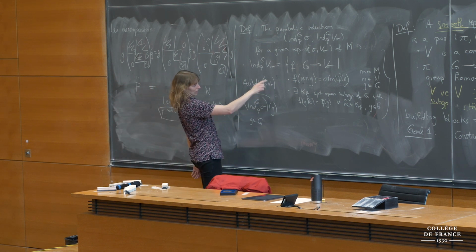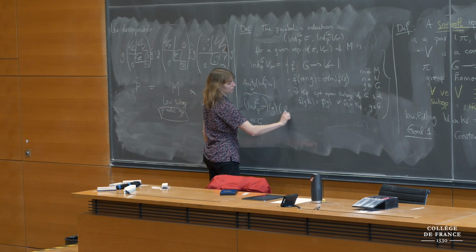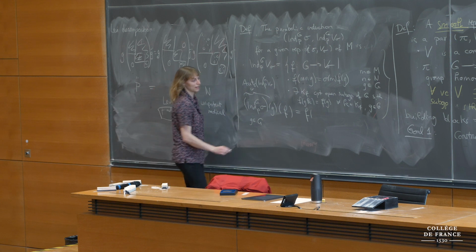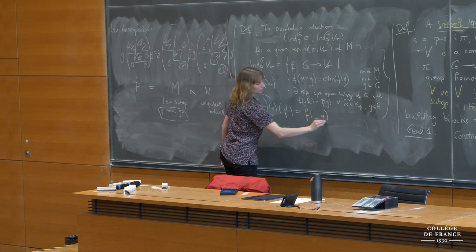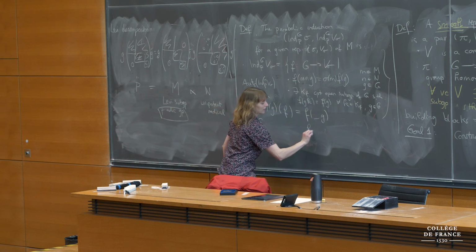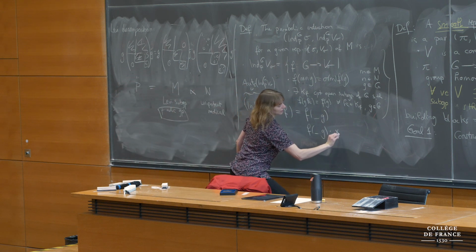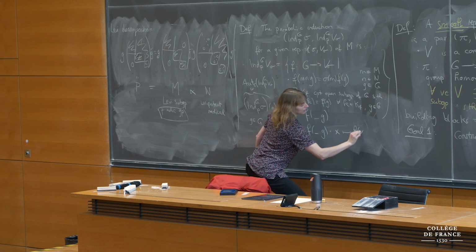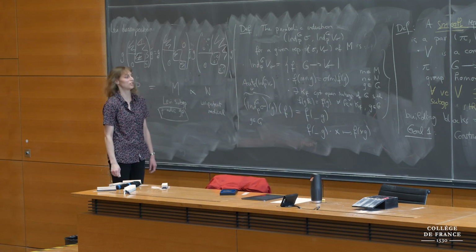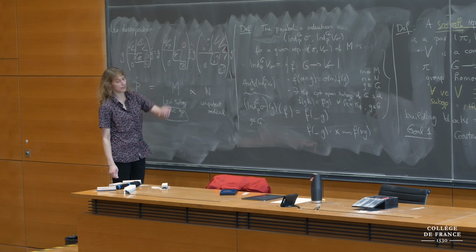Well, what happens if I apply this to a function f? What happens is I get back the same function except that I plug in g on the right. So it's so-called right translation. So what is this function? This function is the function that takes an element x and sends it to f of xg. So it's everything right translated by g. So this is a representation.